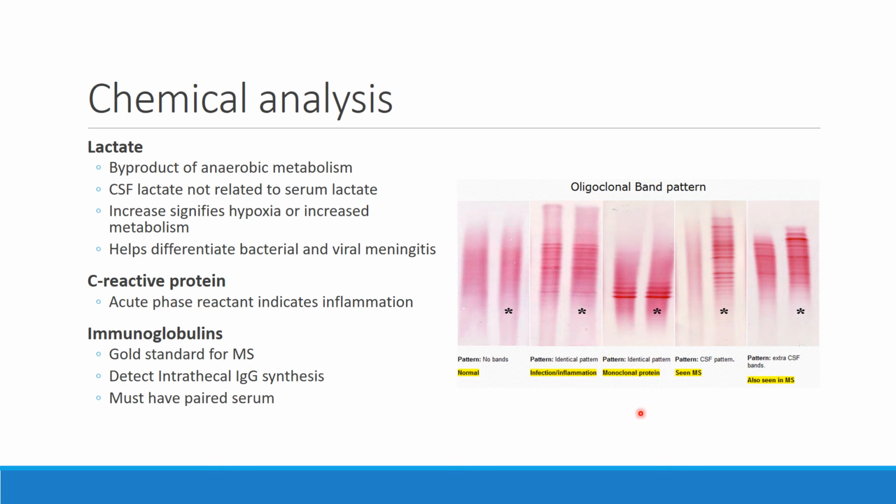That's what we call a monoclonal protein, where we have one species of immunoglobulin which is drastically increased over all the rest. Again, that's not MS, and it's also not normal. It could be associated with an infection, or with several other things, like multiple myeloma. But at this point, you know that it's not MS.